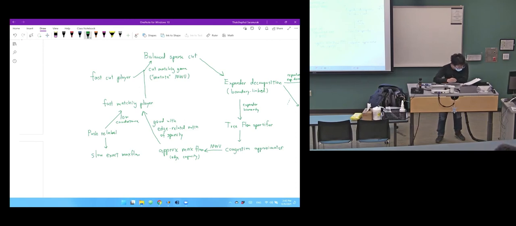You can get many other things like local sparse cut, or expander pruning. So it's a technique that is very flexible and good even in a local setting, in the dynamic setting, and so on.